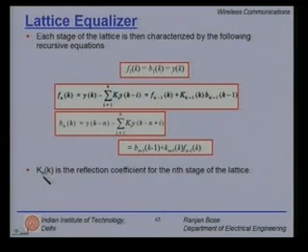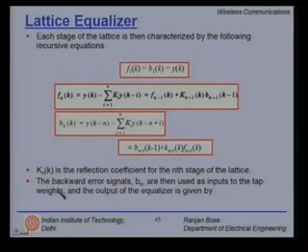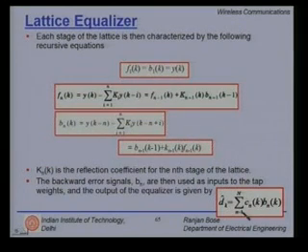Here k subscript nk is the reflection coefficient for the nth stage of the lattice. The backward error signals bn are then used as inputs to the tap weights, and the output of the equalizer is finally given by dk hat is summation n equal to 1 through n of Cnk Bnk. Okay, exactly what we are looking for.